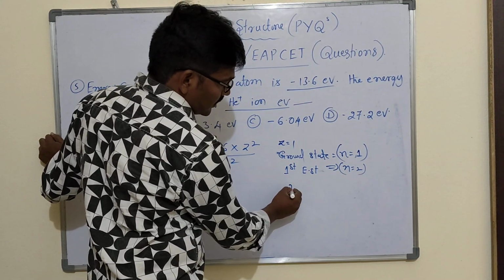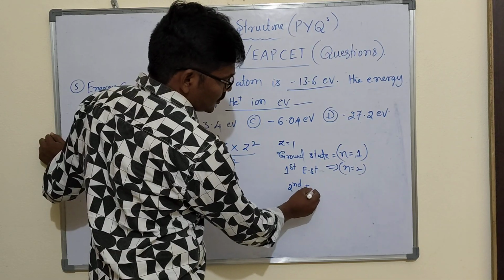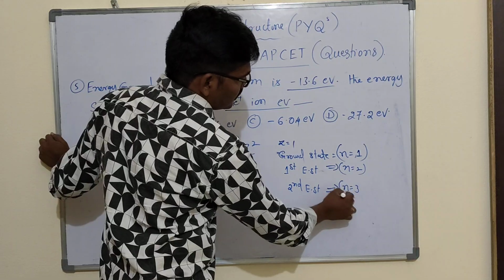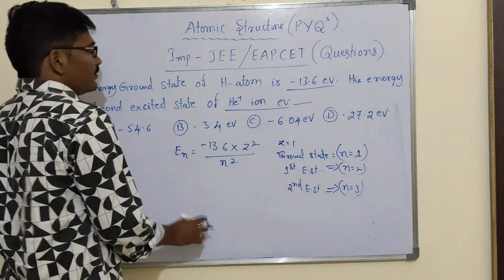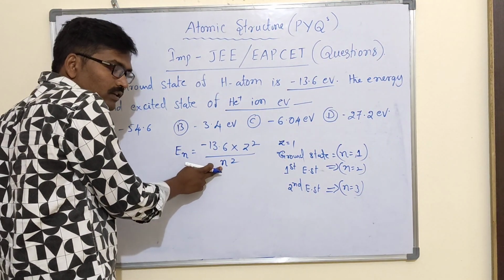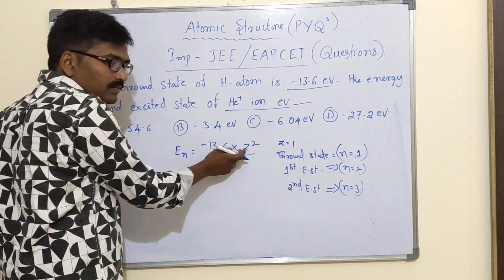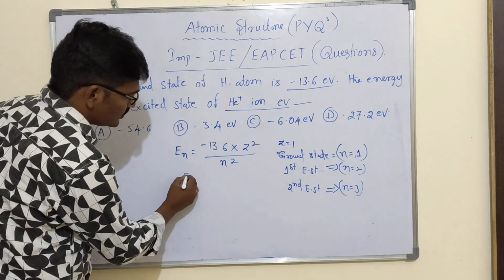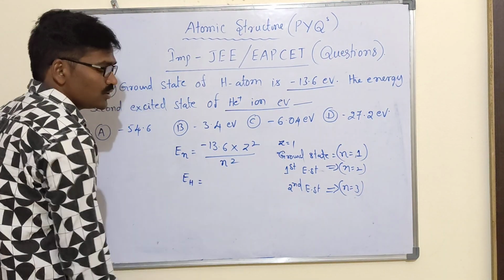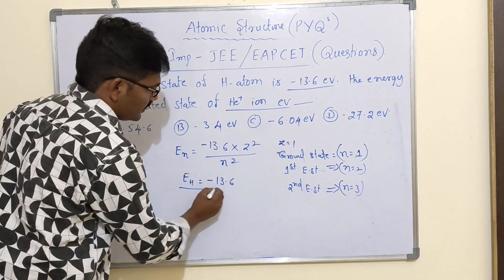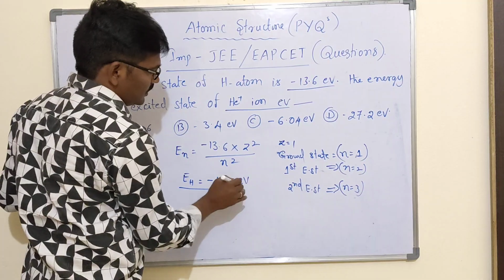In case the second excited state is mentioned, then n value is equal to 3. That you have to remember. So here for the hydrogen atom it is the ground state only, n value 1 and atomic number value 1. So the energy of the ground state of hydrogen atom is minus 13.6 only, in electron volts.